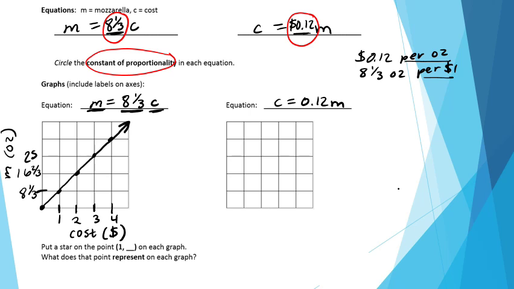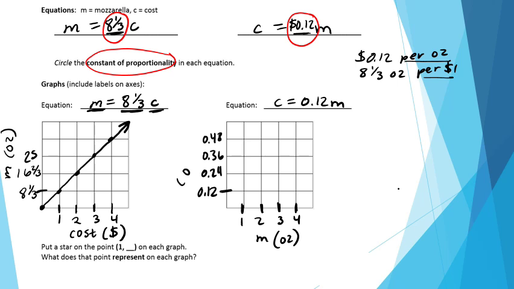And so again, thinking carefully for the next equation, I have 12 cents per ounce of mozzarella. So ounces of mozzarella is going to go along the bottom. 1, 2, 3, 4. Again, this is mozzarella in ounces. And then on the side, it's by 12 cents. So 12 cents, 24 cents, 36 cents, 48 cents.